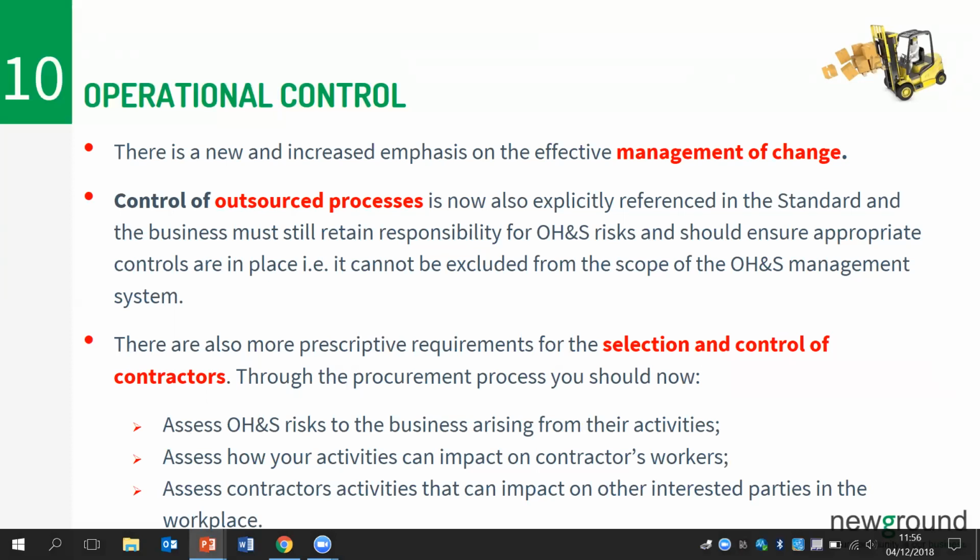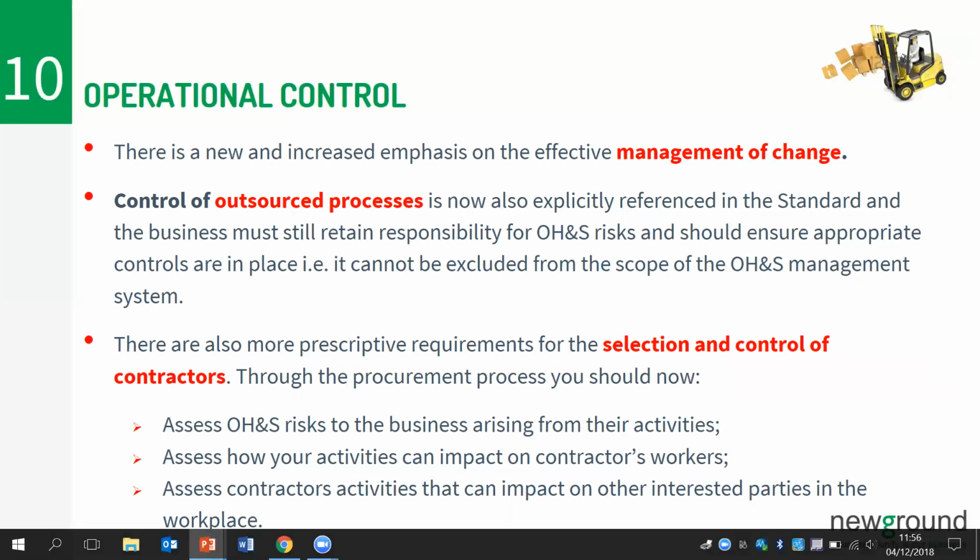So just to clarify what we mean by an outsourced process, it's one that is integral to the functioning of your business and which is performed on a product or activity that sits within the scope of your management system, but which is perceived by your interested parties as being carried out by you.